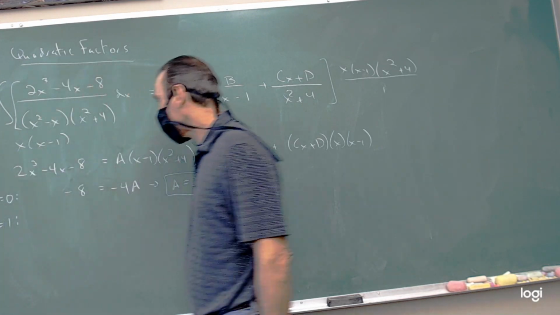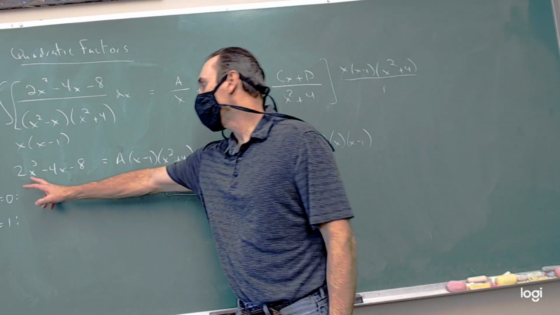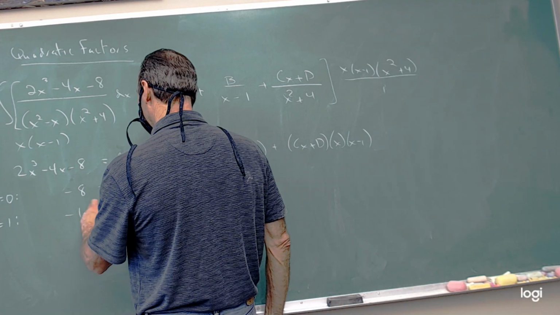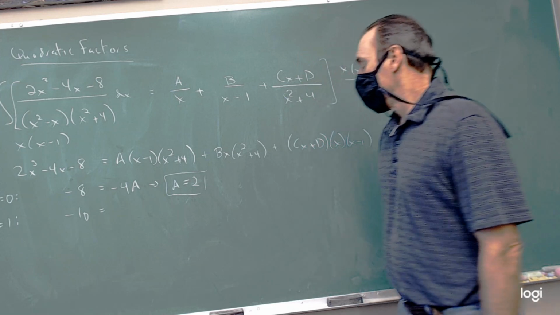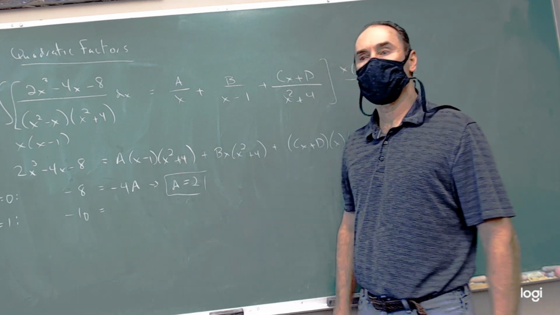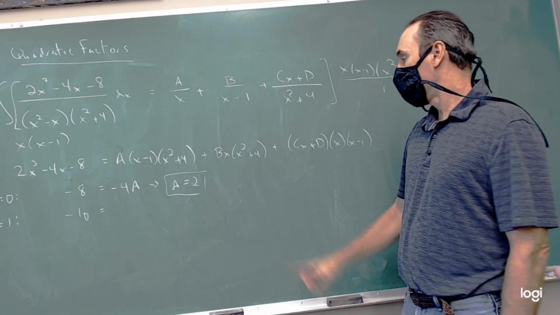1. So we get 2 minus 4 is -2, minus 8 is -10 on the left side. Plugging in 1 makes the x minus 1 zero, so that wipes out the entire first term.